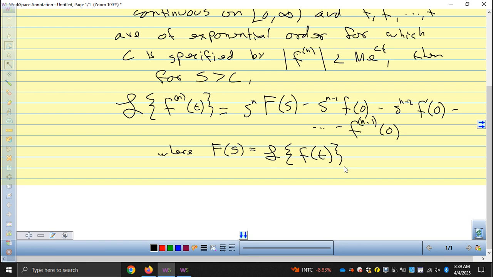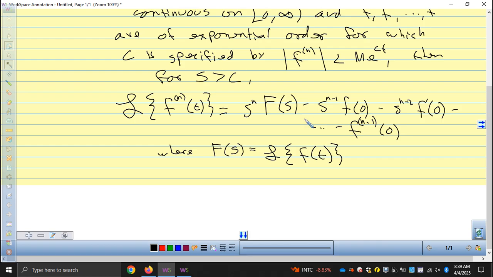So when we take the transform of a derivative, we end up with an algebraic function, because s to the n, these are just exponents, these are our coefficients in an algebraic expression involving the Laplace transform of our function.